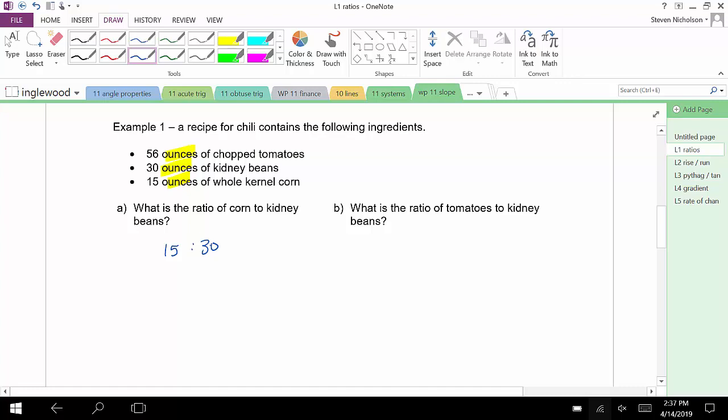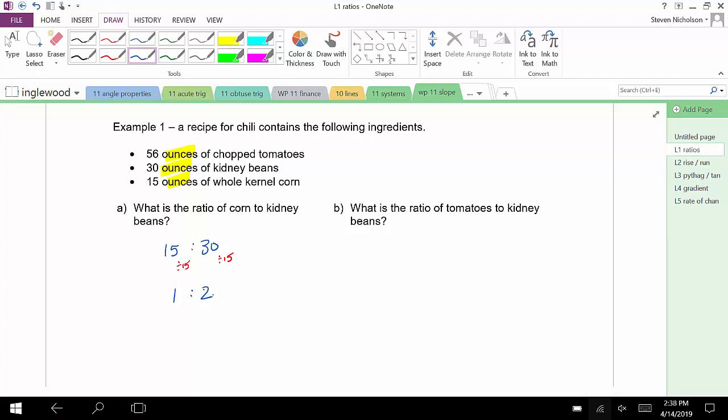And this would be fine, except it's always a good idea to simplify if you can. And given that 15 goes into both of these numbers, we can simplify it down to 1 to 2. So what we might say is, for every ounce of corn, we need 2 ounces of kidney beans.